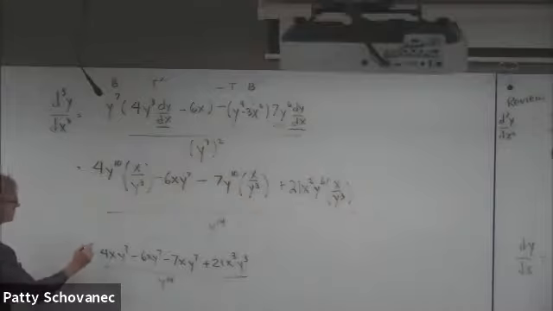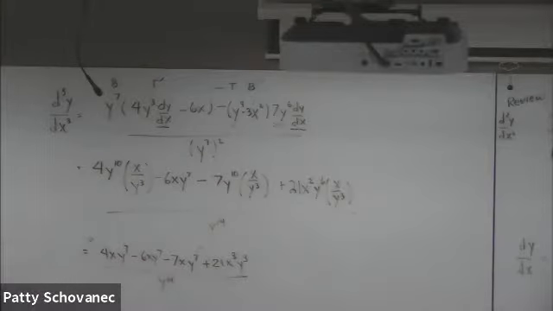So these three guys are the same. We can add them. 4x y to the 7th minus 6x y to the 7th is minus 2 of those. Minus 7 more gives me minus 9 of those.